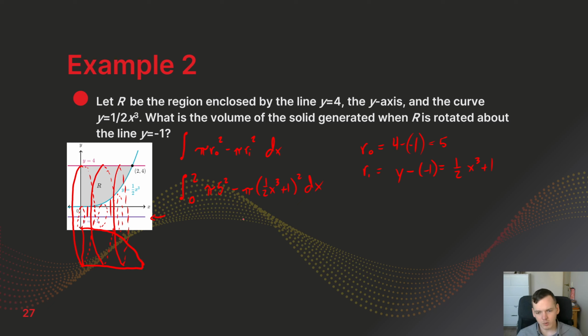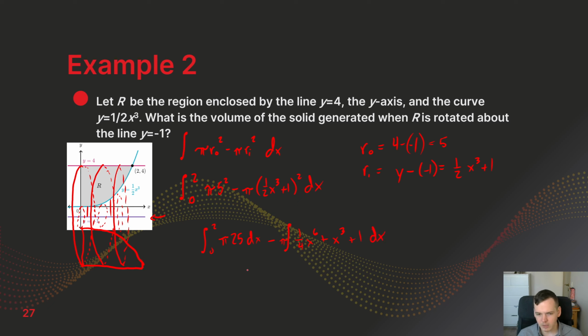And I'll help you work through this one a little bit because it might be a little unclear at first how this works out. We're going to break it into two integrals first: the integral from 0 to 2 of pi times 25 dx, minus pi times the integral where I'm going to square that, so it's 1/4 x to the 6th plus x cubed plus 1 dx.